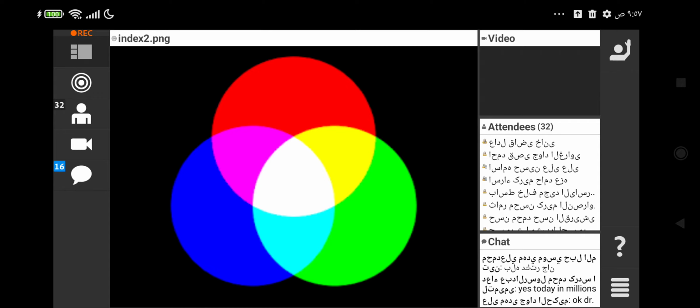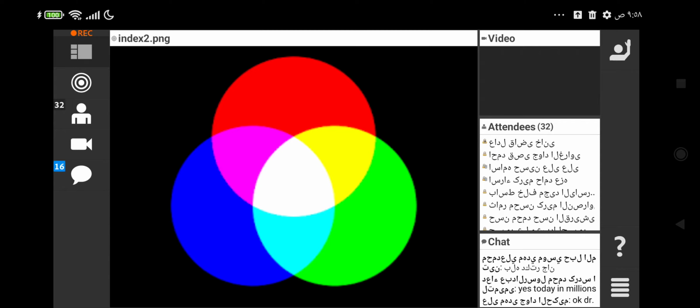In the black and white image, the colors that we have are white, black, and gray. But in the color images, we have many different colors, and these colors are built based on some color models. For example, one of the color models that we have is RGB.